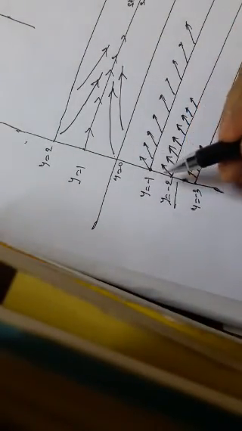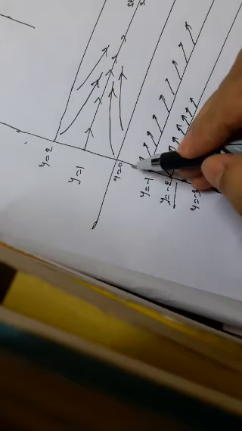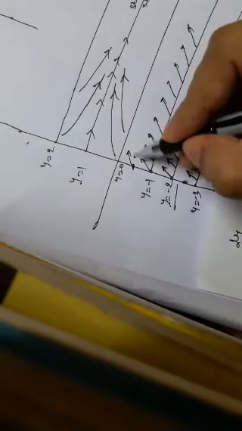Now if we consider this region, y equal to minus half, then dy/dt is equal to 3/2, and the slope is slightly more downward than the lower part.